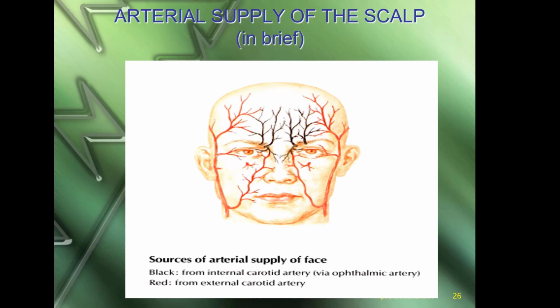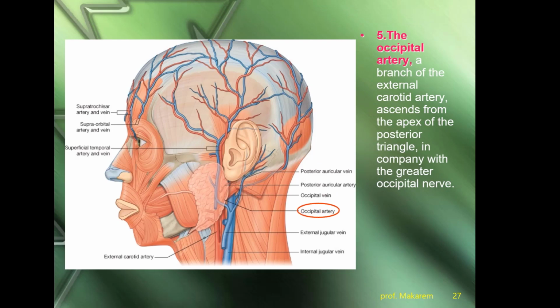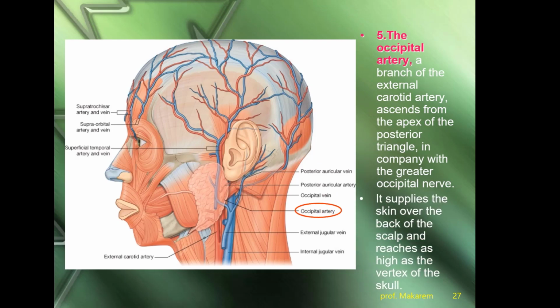The sources of arterial supply are mentioned here. The black ones are from the internal carotid artery via the ophthalmic artery, and its branches, the supraorbital and supratrochlear, and the red one is from the external carotid artery. Now, we have also the occipital artery.